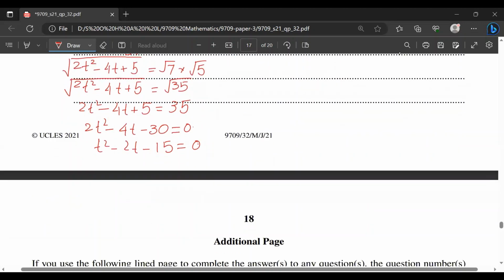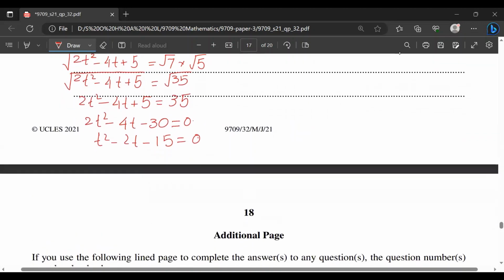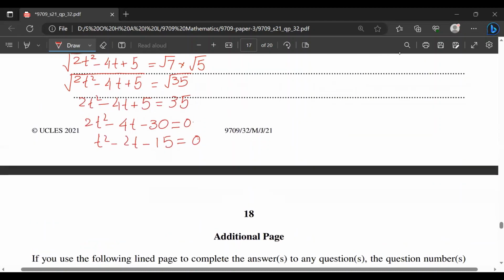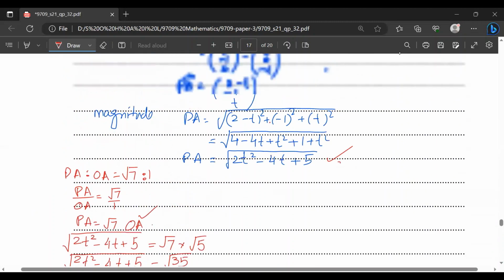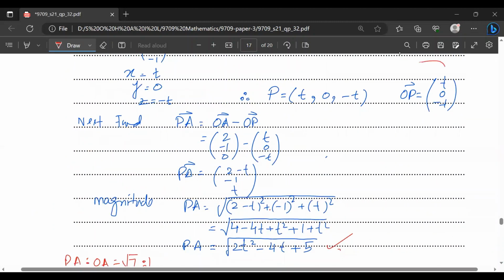And from here I can obtain two answers for t. So I can use the next page. So t, using the quadratic formula, we have two answers: t equals 5 and t equals minus 3. So after finding these two answers for t, you can use these values here to find the position vector of P. I can label this as 1.